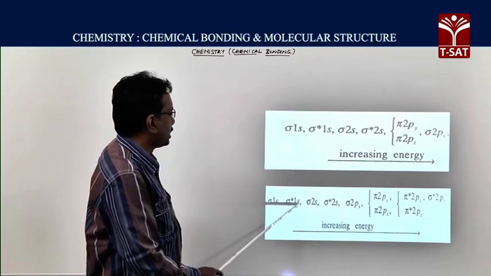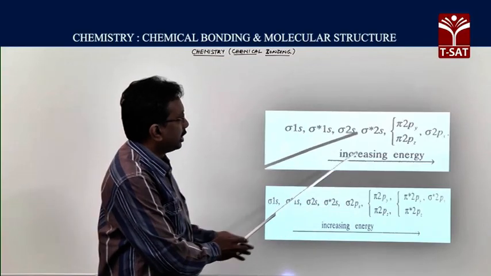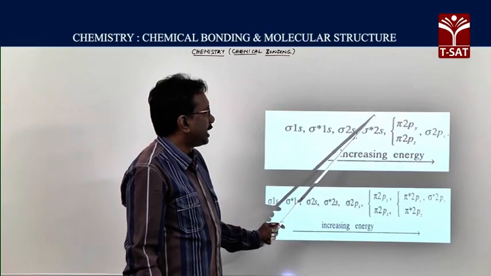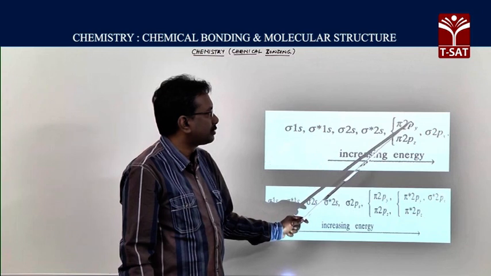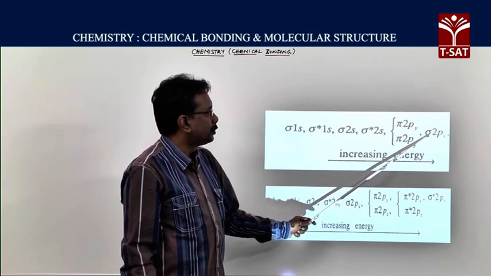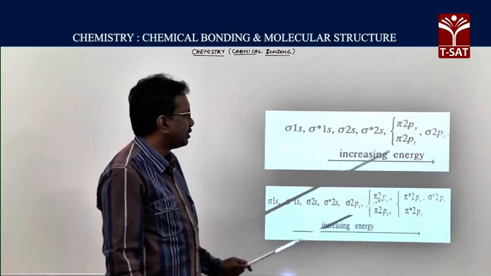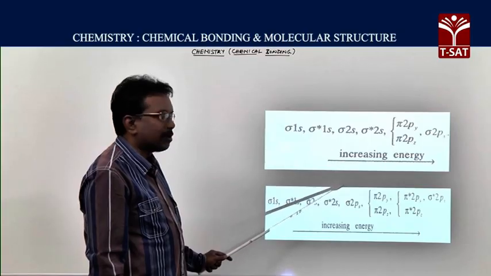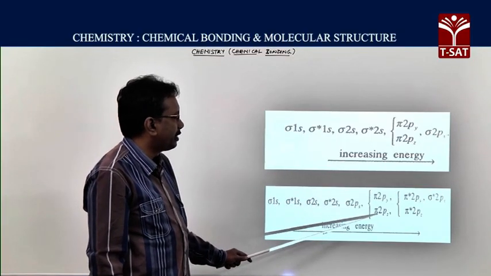So, sigma 1s, sigma star 1s, sigma 2s, sigma star 2s, sigma 2px. If you observe, up to nitrogen, for the homodiatomic molecules up to nitrogen, sigma 2px has more energy than pi 2py and pi 2pz, whereas after nitrogen, that means from oxygen onwards, sigma 2px has less energy than pi 2py and pi 2pz.